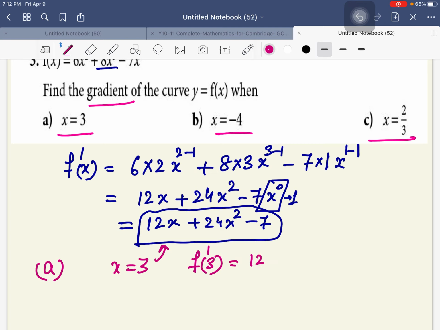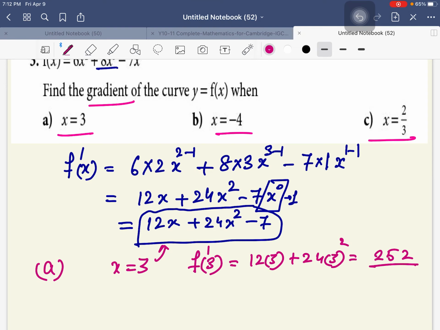This is 12 times 3 plus 24 times 3 squared. By using the calculator, 12 times 3 plus 24 into 3 squared. The answer is 252.